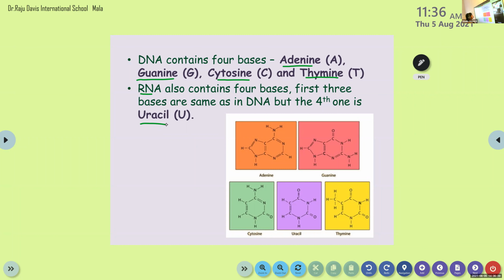Clear? There are 4 bases present in DNA: adenine, guanine, thymine and cytosine. We use the first letter of these bases as the symbol. In RNA, the 4th one is different from DNA: it is uracil instead of thymine.